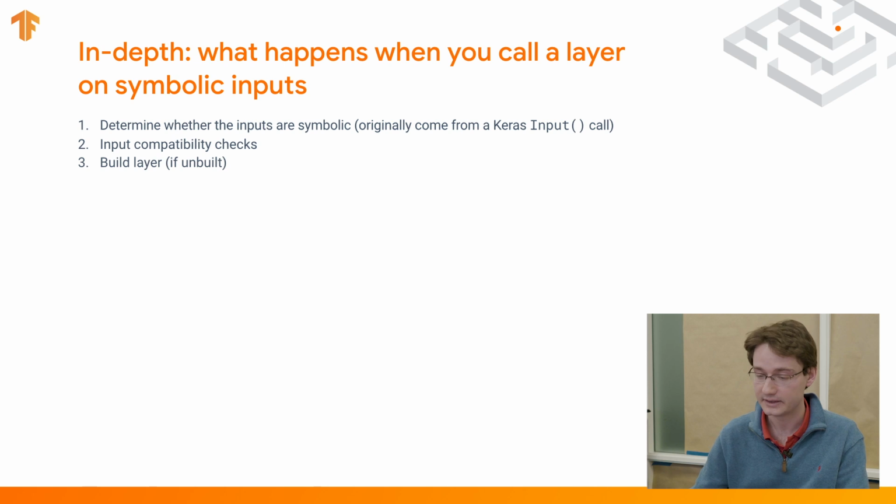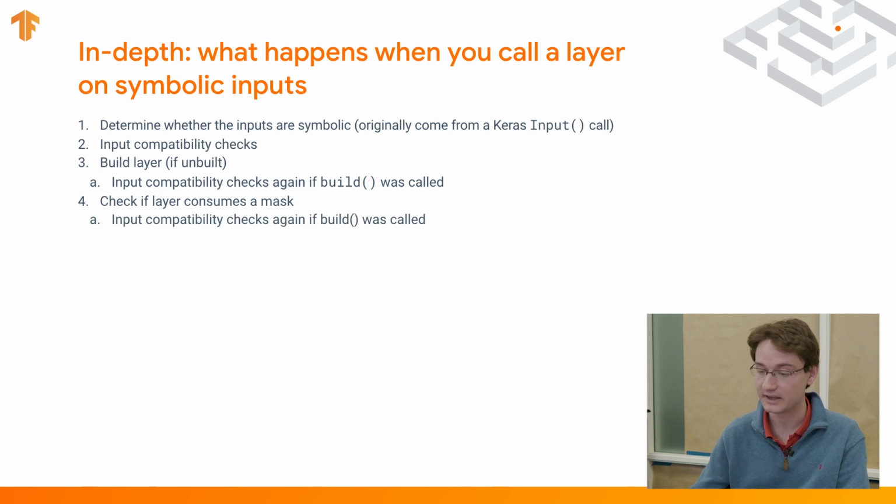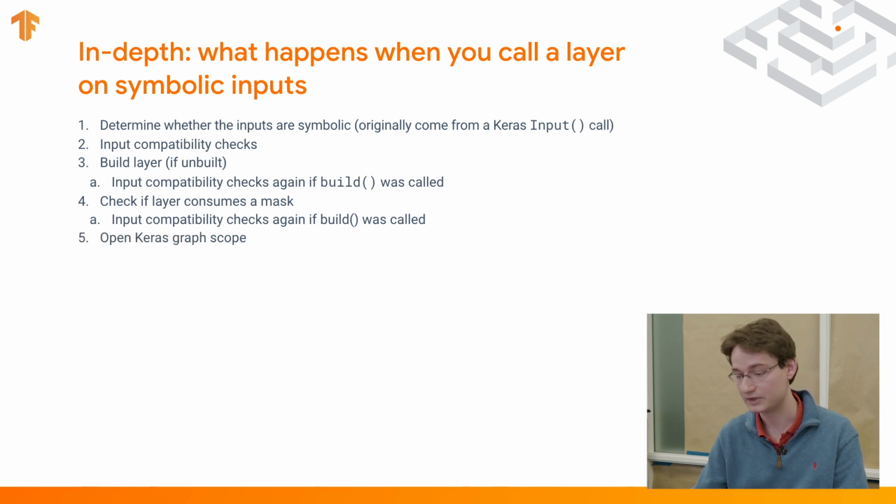If the layer is unbuilt, we're going to build it, potentially check input compatibility again in case the input spec was updated. We're going to check whether this layer is a mask consumer, like does it have a mask argument in its call method. If yes, we're going to retrieve the mask associated with the inputs of the layer, which we do via metadata.